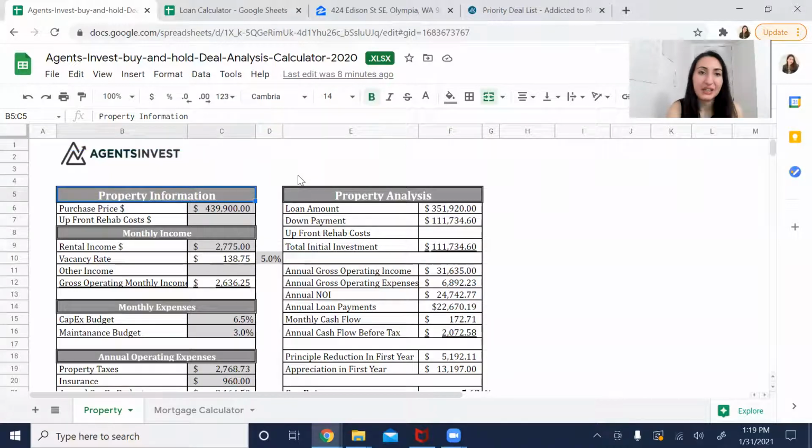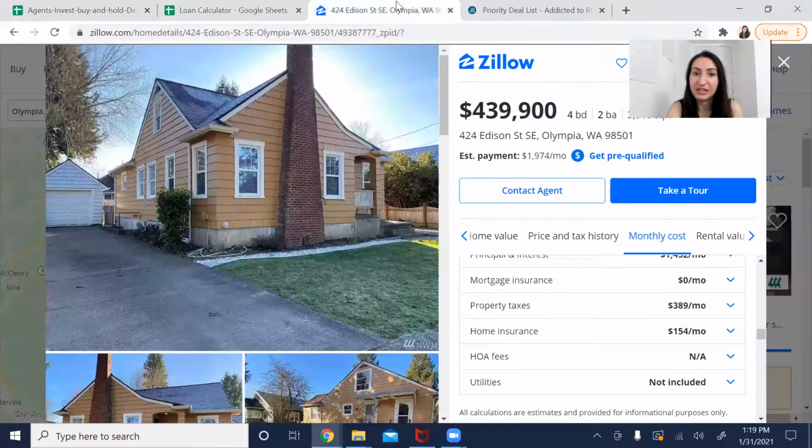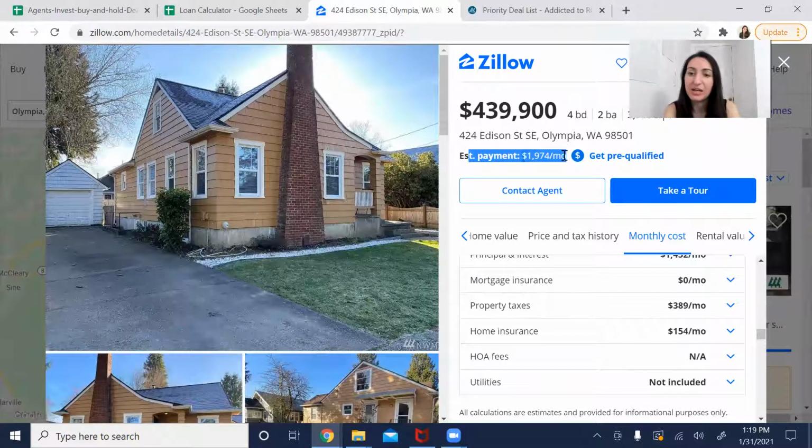And here I was on Zillow and I found this duplex, and it's in Olympia, Washington, and it's for that price. And I already put all the information about the expenses here. So if you see, Zillow already gives you an idea of how much it will cost you to buy that property.